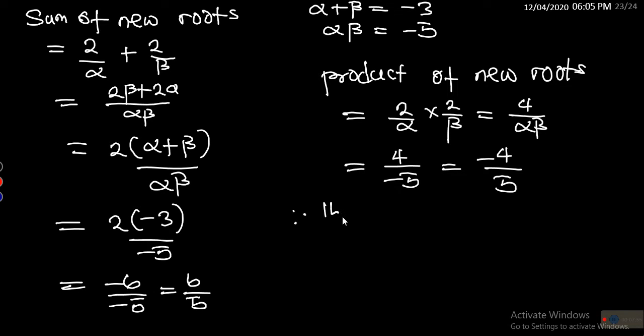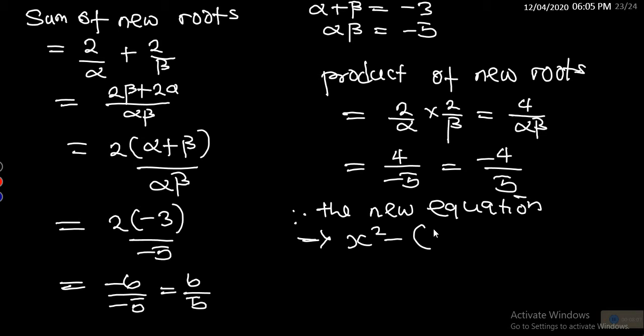Okay, so therefore the new equation implies x squared minus the sum of new roots, which is 2 over alpha plus 2 over beta, x, plus the product of new roots, which is 4 over alpha beta, equals 0.